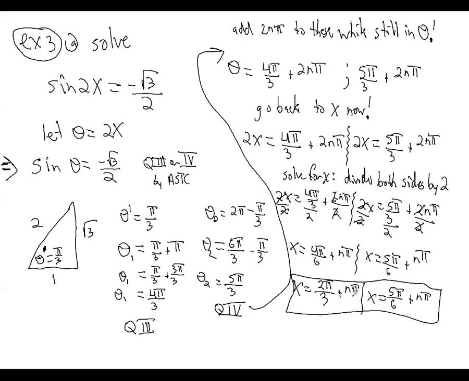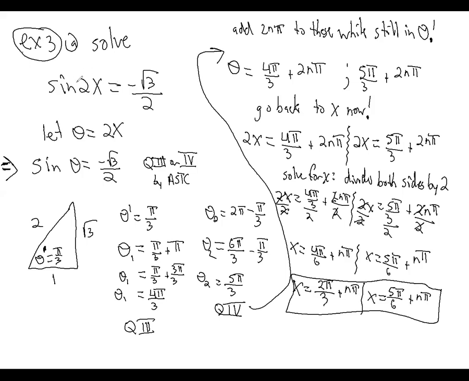What's interesting here is the period is only n pi for the additional solutions. It's not 360 degrees being added over and over. It's adding 180 degrees over and over and over. And that's because the period of sine of 2x is, guess what, 180 degrees.